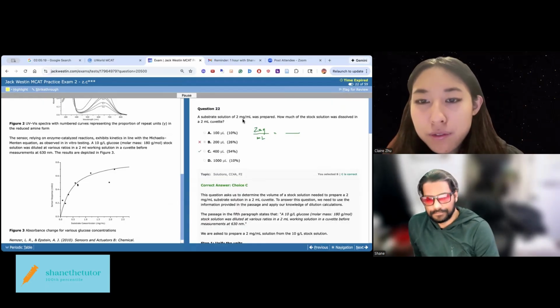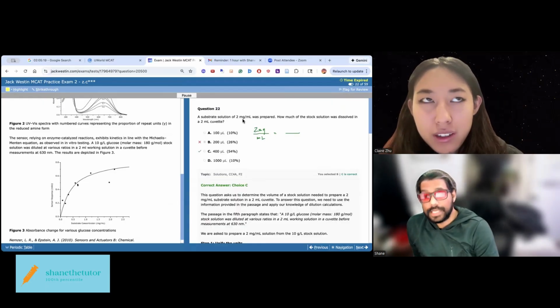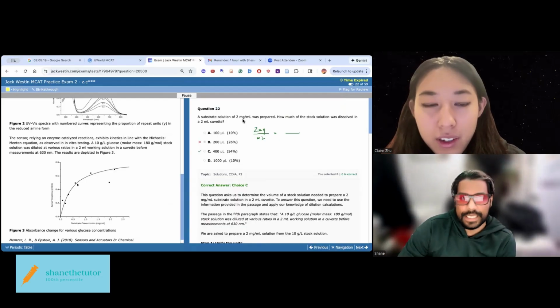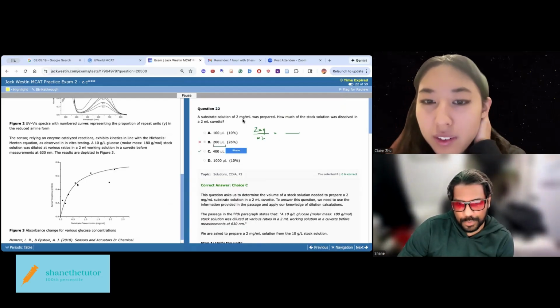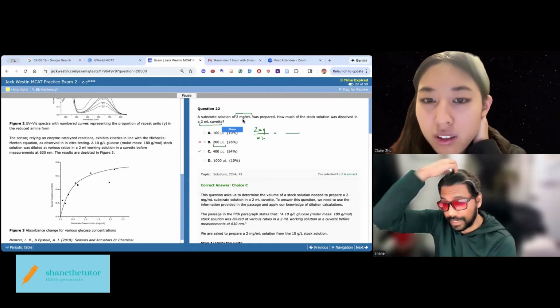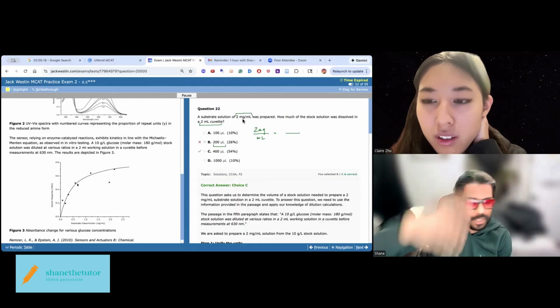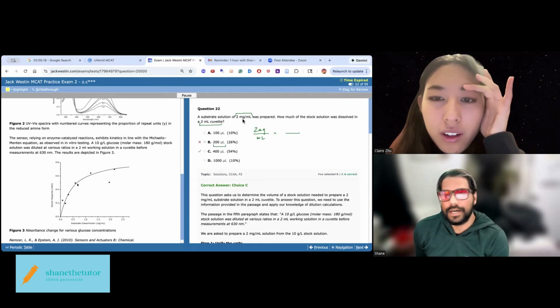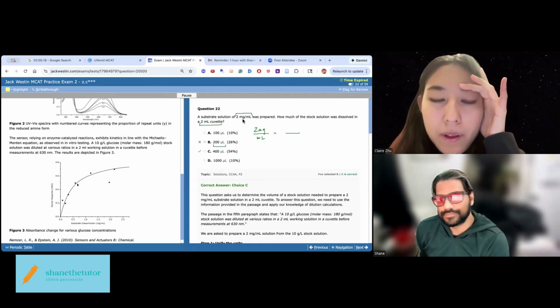So that's 4, right? Yeah. That's why I thought this value was what you got, which would be true for a milliliter, but since they're asking how much of the stock solution was in a 2 milliliter cuvette, you would double it. Okay, I see.